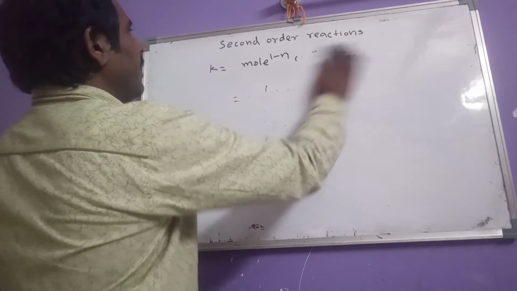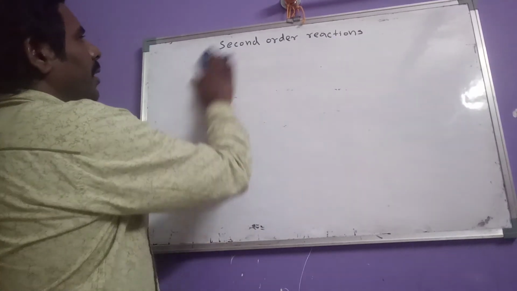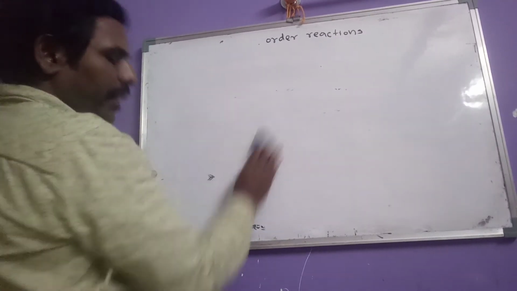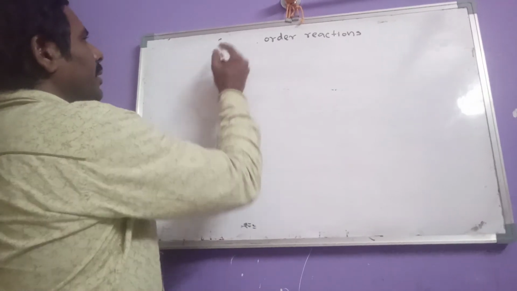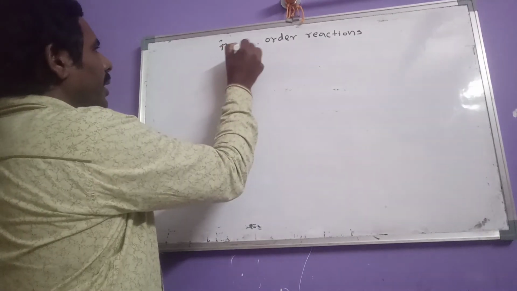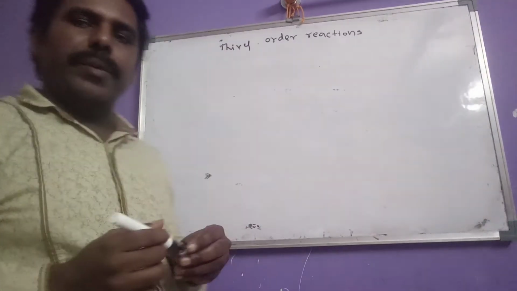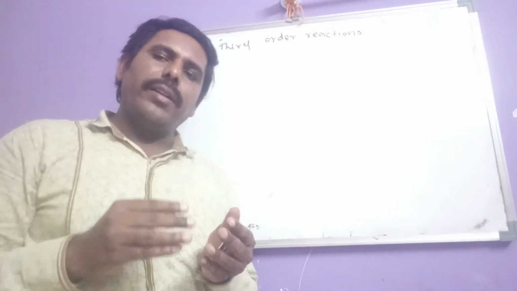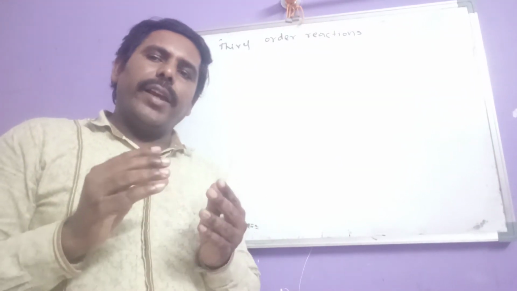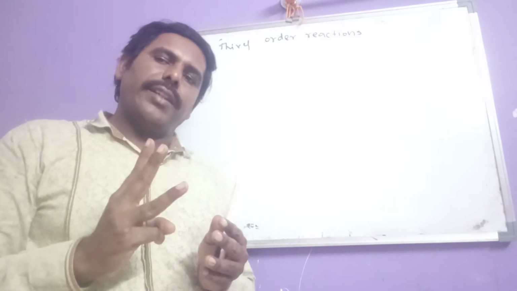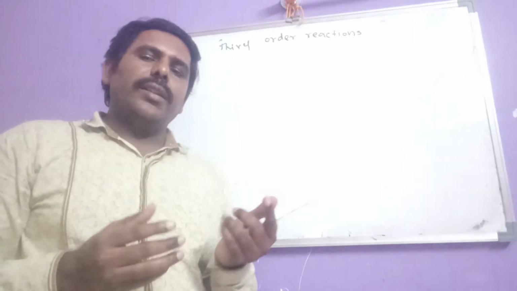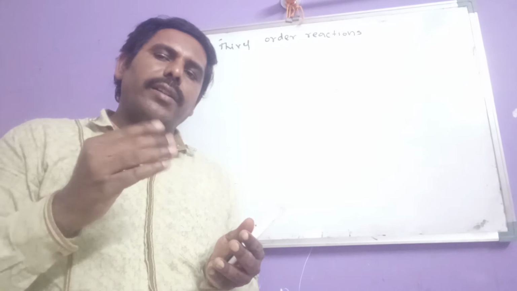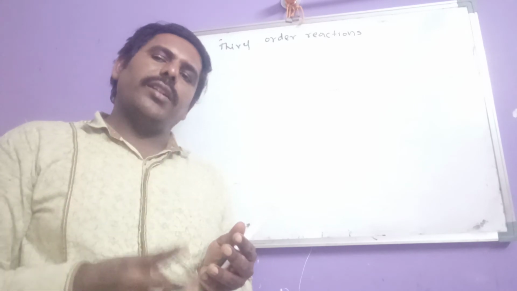And then we can go for third order kinetics. Third order reactions are the reactions in which rate is determined by the variation of three concentration terms, or the reactions in which rate depends on three concentration terms.